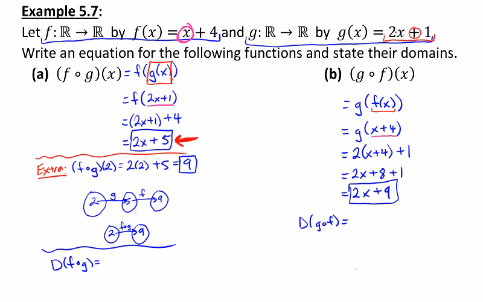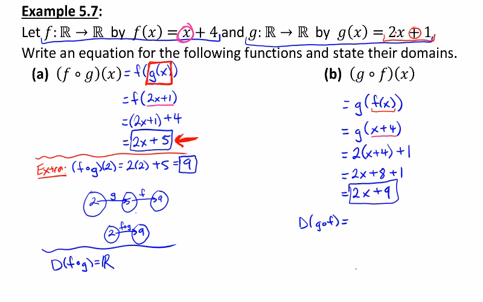So that would also lead me to believe that I should have all real numbers. Notice that I'm not even going to look at f. All I'm going to look at is the final equation and the very first equation that I started with. Those are the two things I want to look at for my domain. So in this case, the domain is going to be all real numbers.